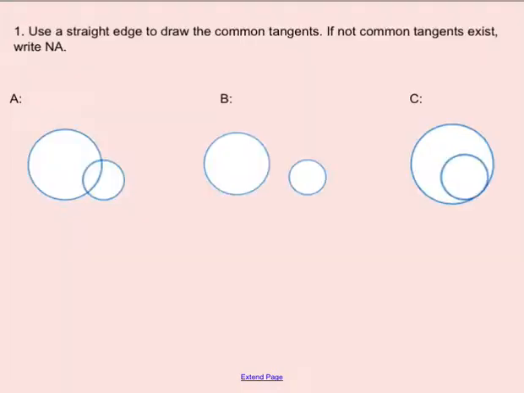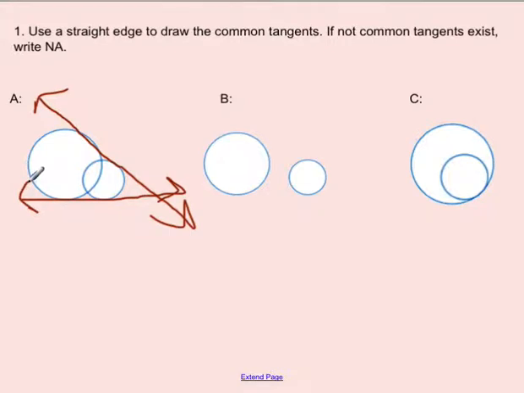So let's take a look at possible tangency. We're using a straight edge, so maybe pull out a piece of paper, something that you can use to draw straight. We're trying to find and draw common tangents. I notice that I can draw a tangent going down this way, and that tangent is going to touch each circle once. Likewise, I can draw another tangent going across this way, and that's going to cross each circle exactly once.